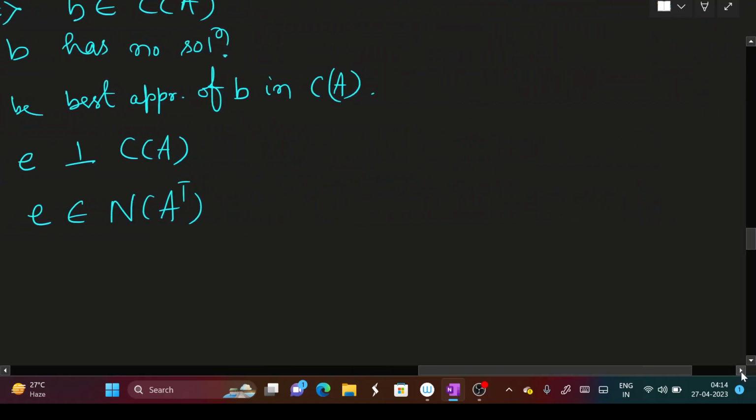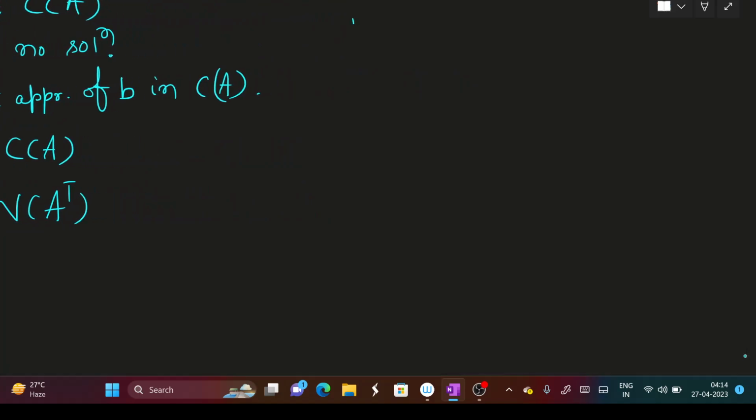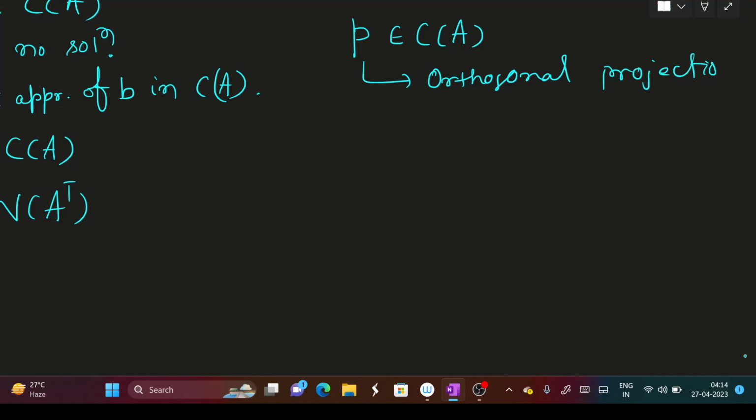We'll continue this process, but before that, let me explain few more steps. So now what we have taken? We have taken P is a vector in C of A which is the orthogonal projection of B onto C of A, column space of A. So now as this P belongs to C of A, AX is equal to P has solution.